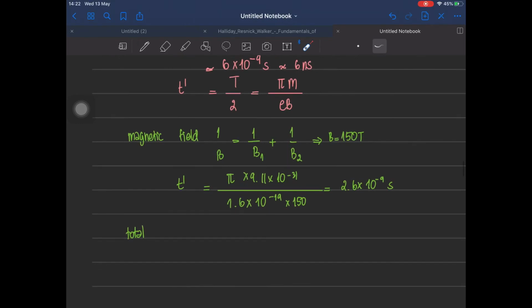So yes, total t is equal to t plus t prime, which is 6 plus 2.6 times 10 to the power minus 9, and we have 8.6 nanoseconds. That is the answer. You can find the file of the answer in the description box below. Thank you.